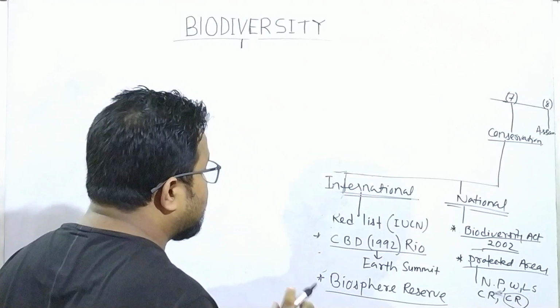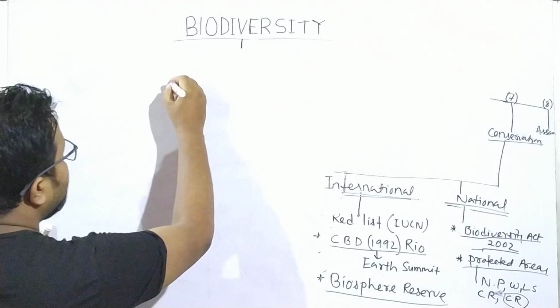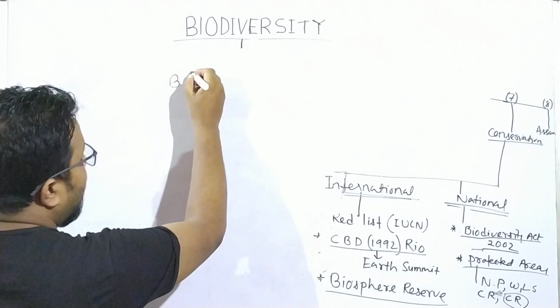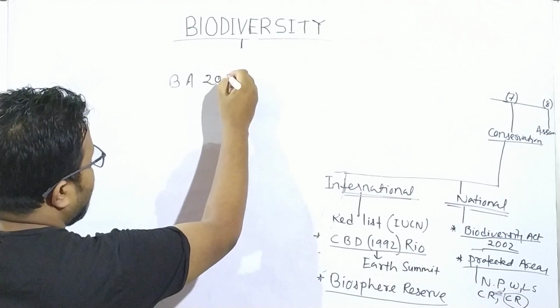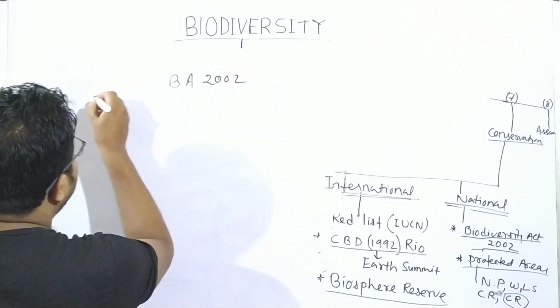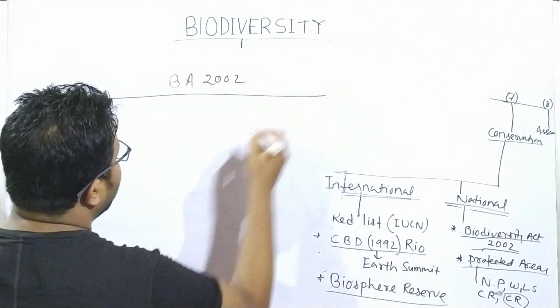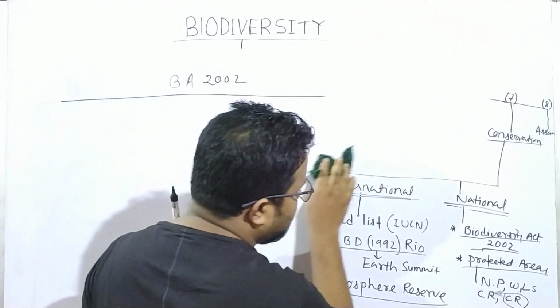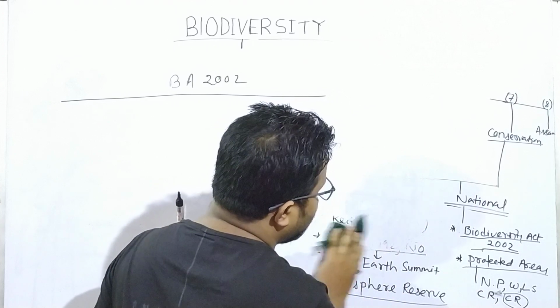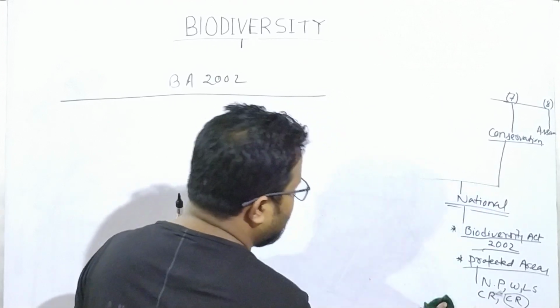What were the basic three structures of the Biodiversity Act of 2002?